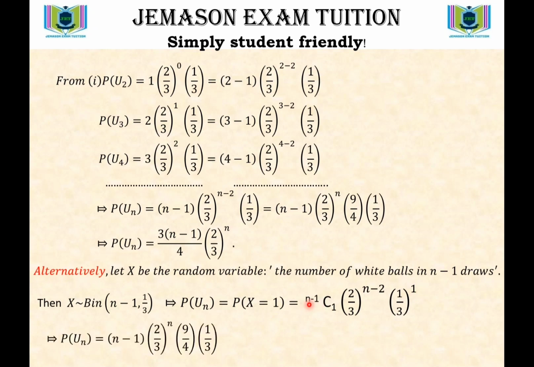When you simplify further, (n-1) choose 1 gives n-1, times (2/3)^n times 9/4. We simplify (2/3)^(n-2) by multiplying (2/3)^n by the inverse of the square of 2/3, which gives 9/4, and then times 1/3. That gives 3(n-1)/4 times (2/3)^n, the same result that we had in the previous method.